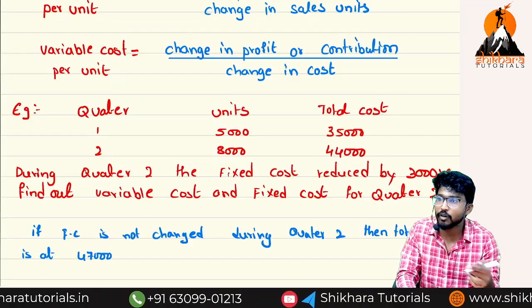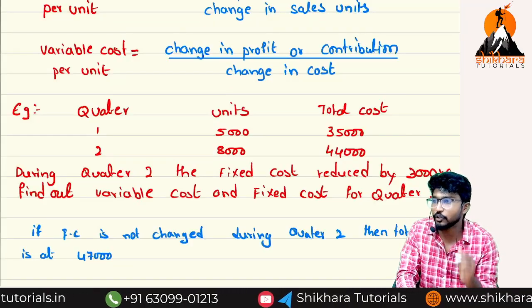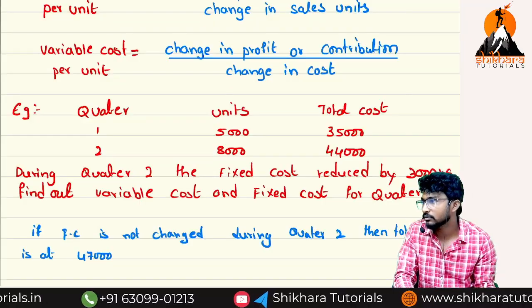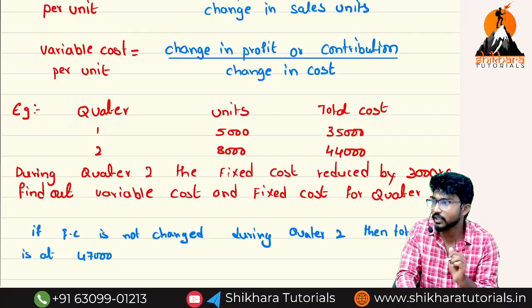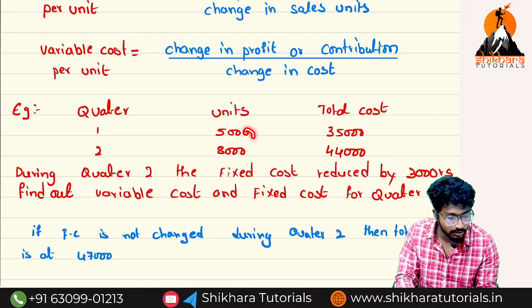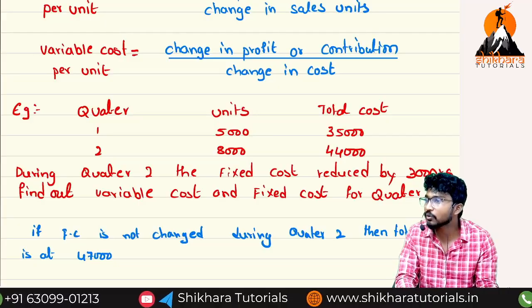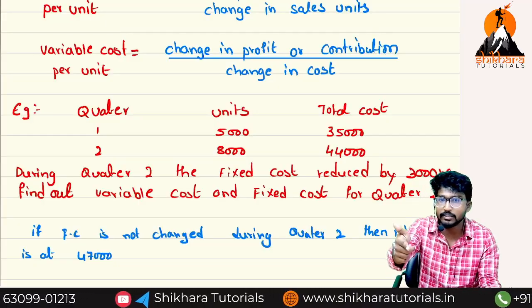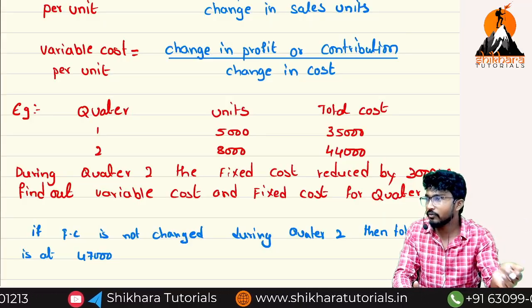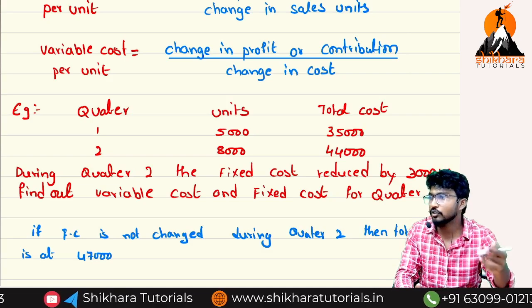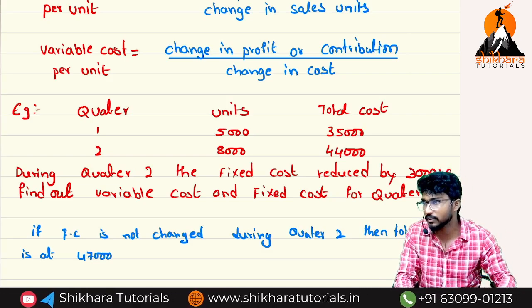There is a change of 12,000 in the total cost, due to variable cost. What is the change in units? 3,000. For 3,000 units, the variable cost increased by 12,000. We all know variable cost always increases in the same proportion.